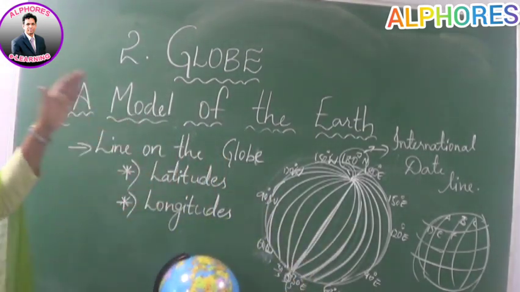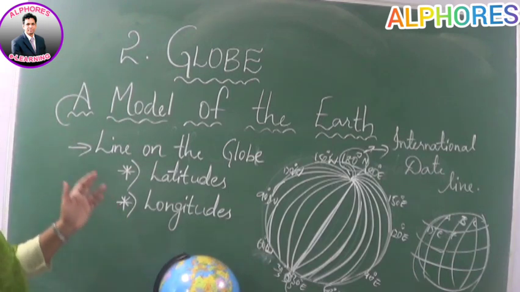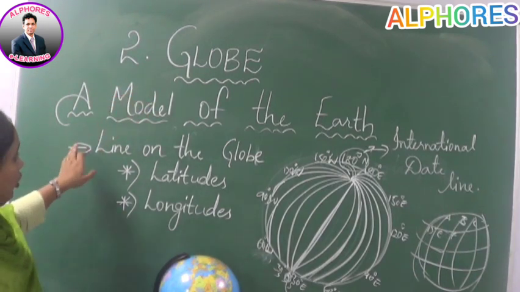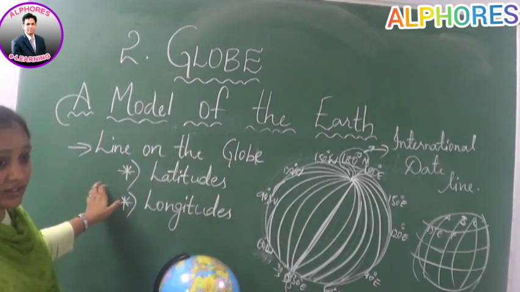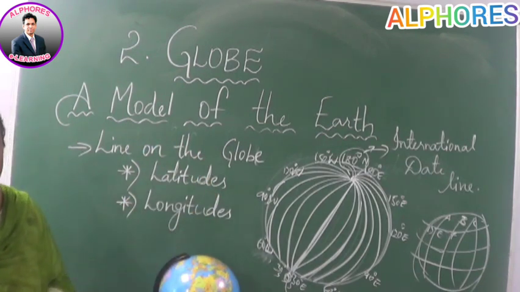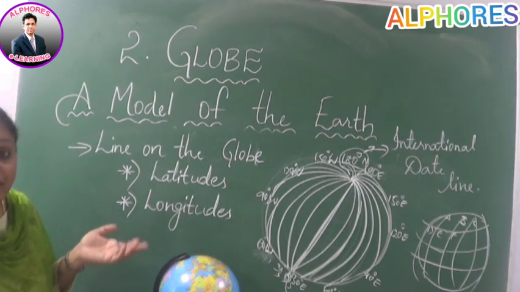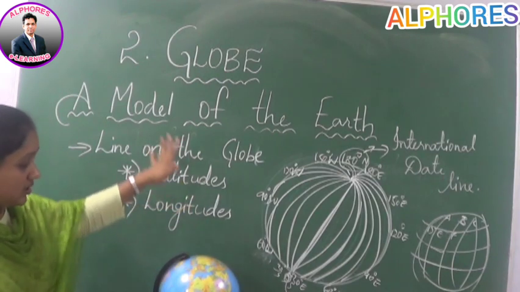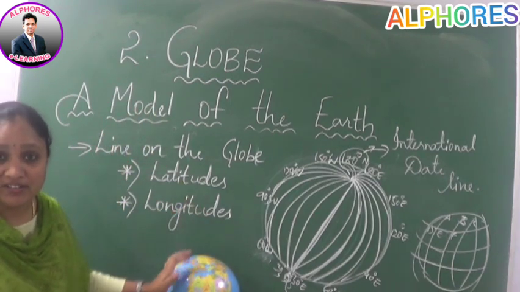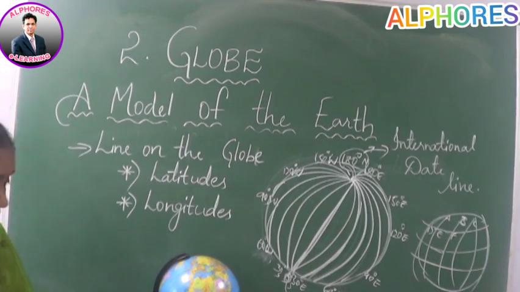So children, this is all about today's lesson, the globe, a model of the earth. We have learned about the important lines of the globe, the latitudes and longitudes, and how we can locate a place easily. These are all the things that we have learned in this chapter. Okay, fine.